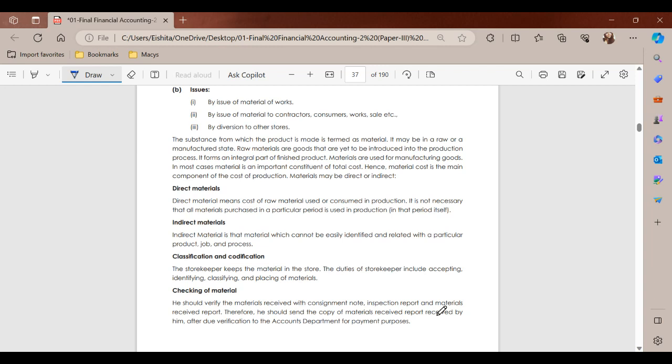So he will make a detailed analysis of what he has received and what he has not received. Therefore, he should send the copy of the material received report, after due verification, to the accounts department for payment purposes.